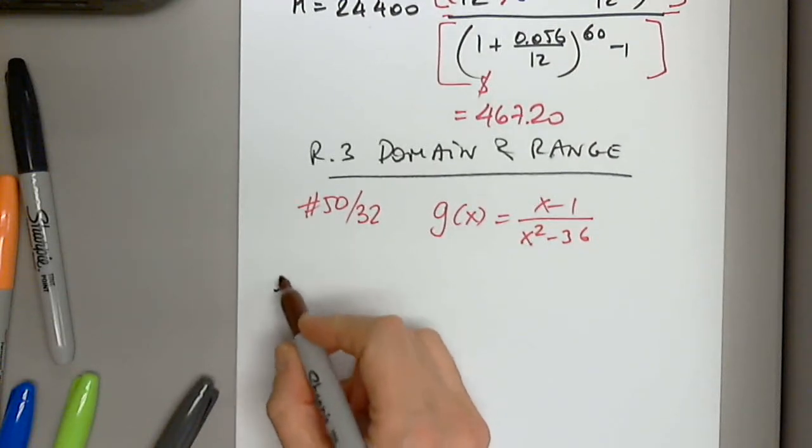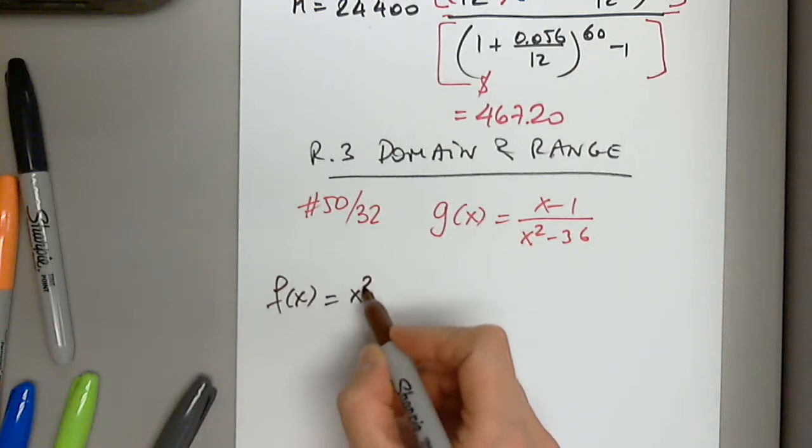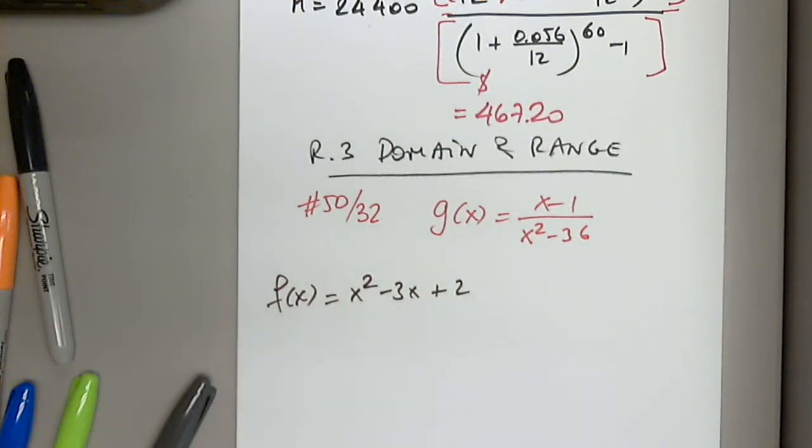So let's say we have this function x squared minus 3x plus 2. What type of function is this? Awesome. What is the domain of a quadratic function or any polynomial function? Exactly.